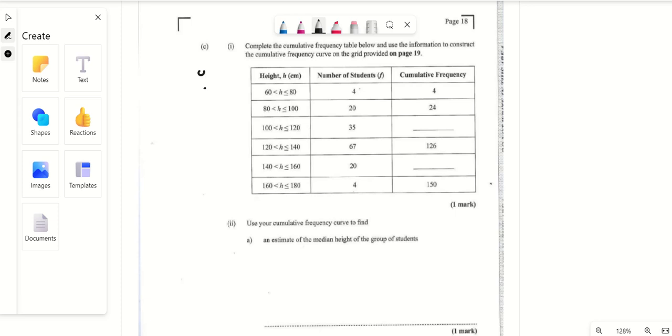So in my upper class boundary would have been 80 plus 80 divided by 2, which is 80.